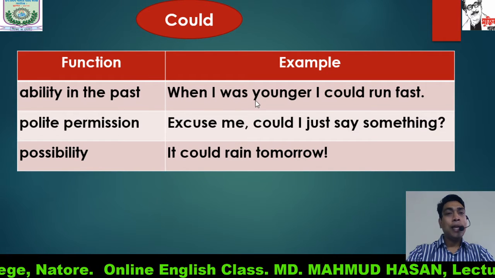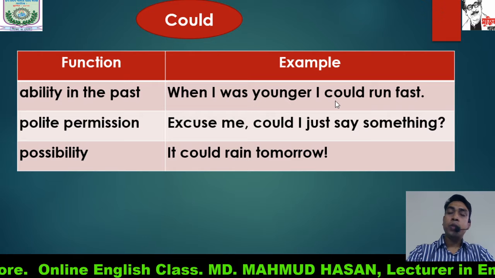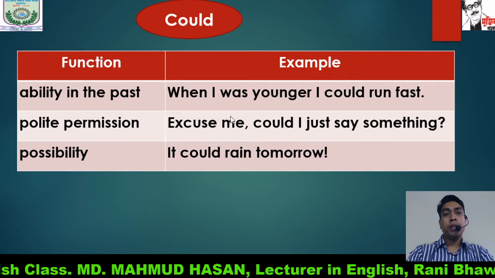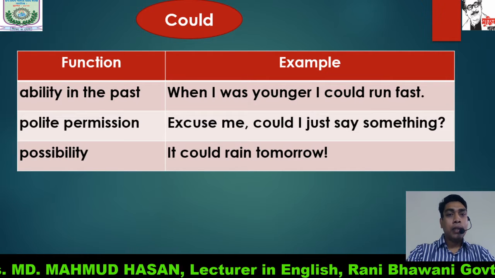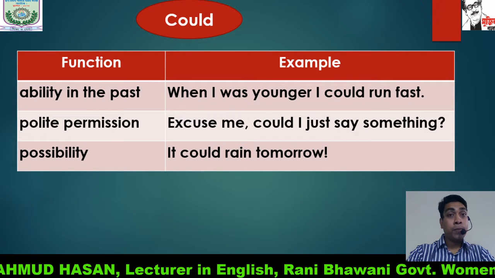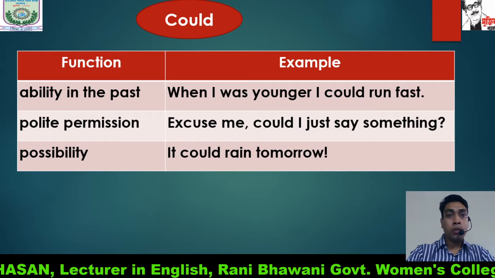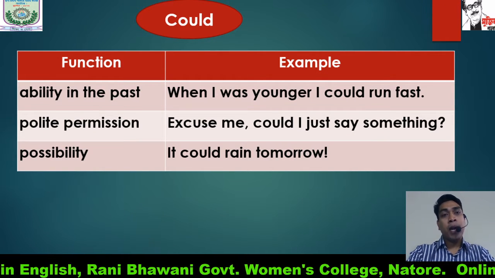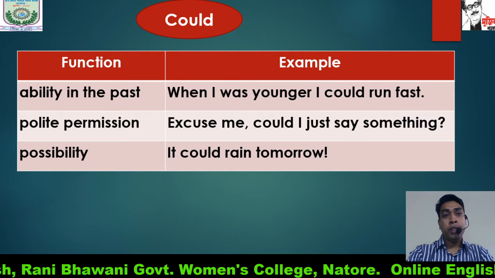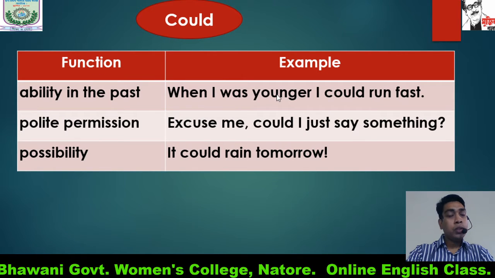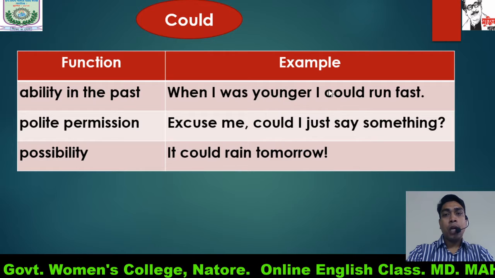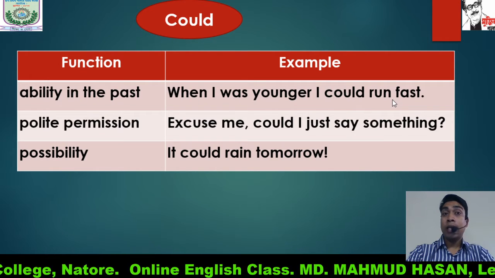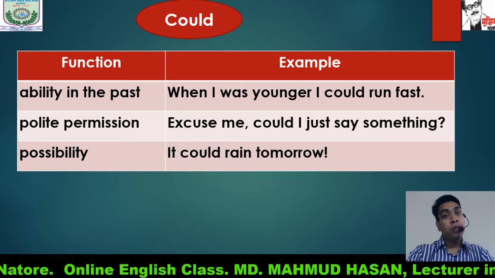When I was younger, I could run fast. It is my past ability. That means right now, at present, I cannot, but in the past I could.